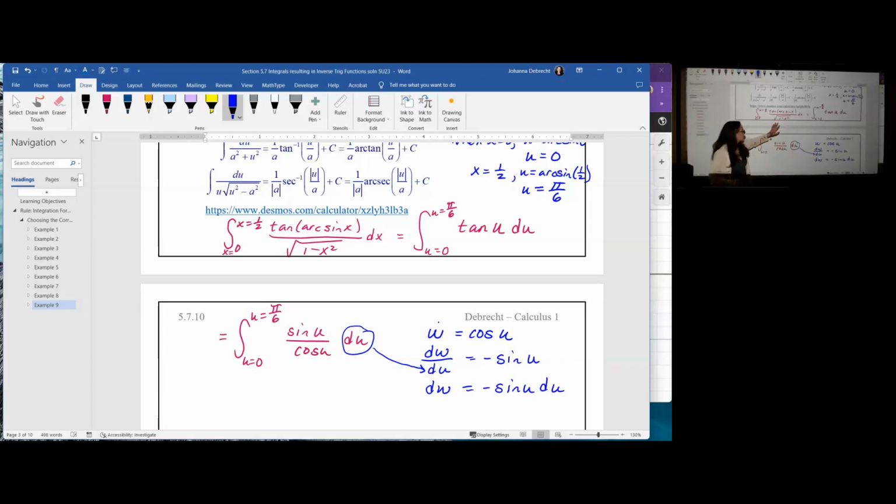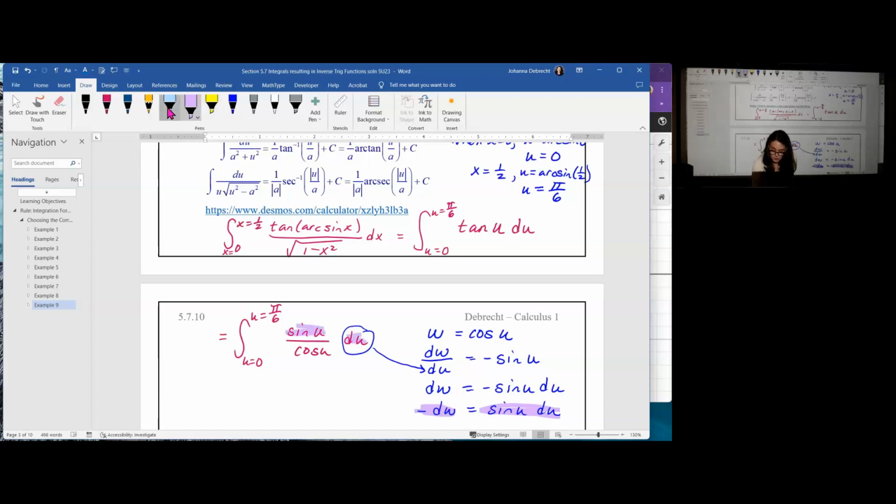Notice that in the integral that I'm trying to convert by doing another u substitution, I do have sine of u du, but I don't have the negative. I can multiply both sides by a -1, and this gives me that negative dw is equal to sine of u du.